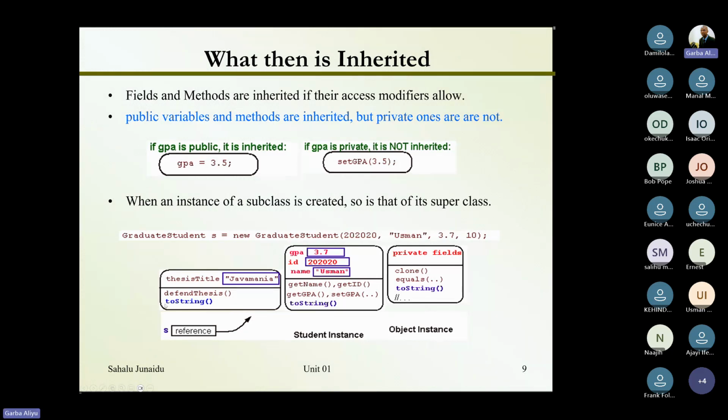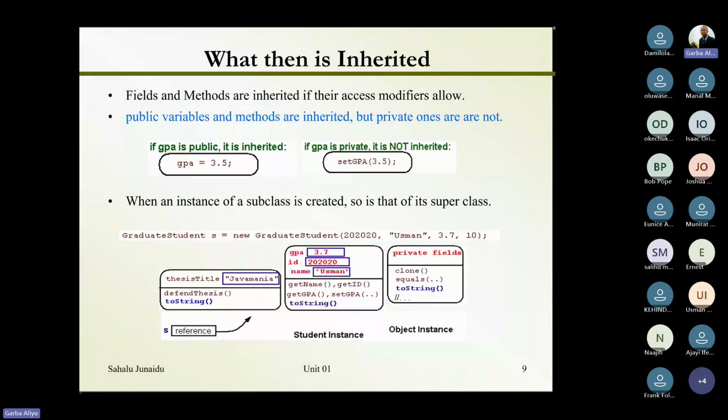I think I've discussed the string methods, but now dealing with objects. Yeah, we have the getters: get name, get ID, get GPA, set GPA. This allows us now to access them because they are public. In most cases, they are public. If they are public, all get name does is go into the memory and get the name here, Usman, and Usman will be returned.